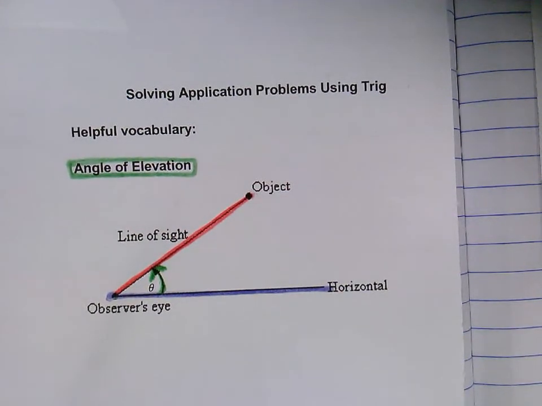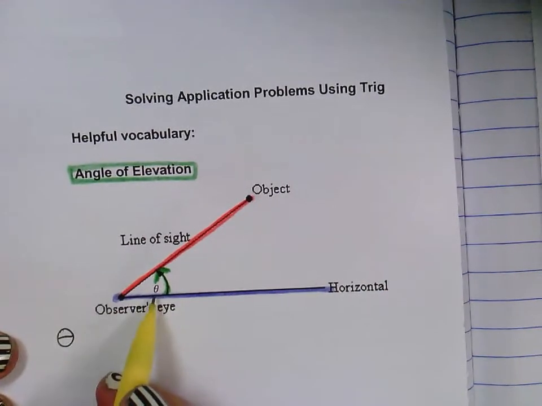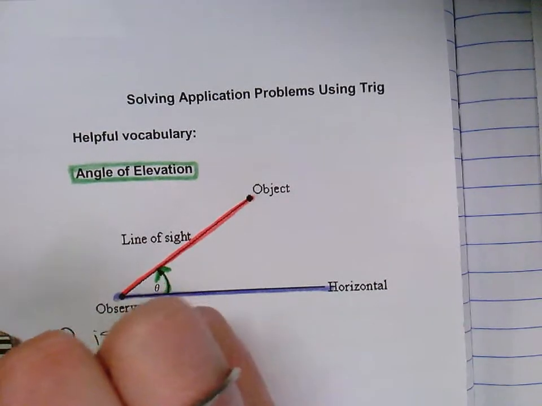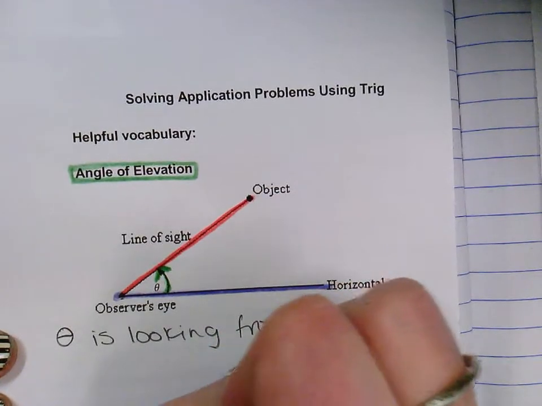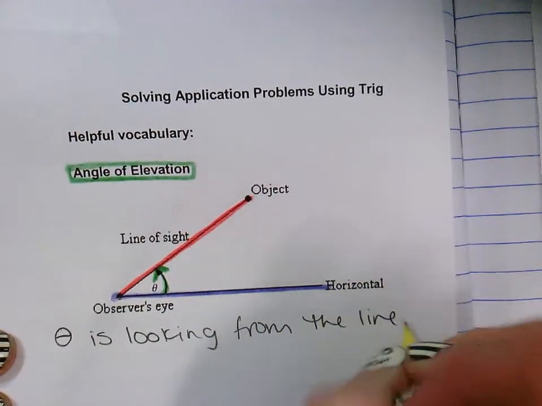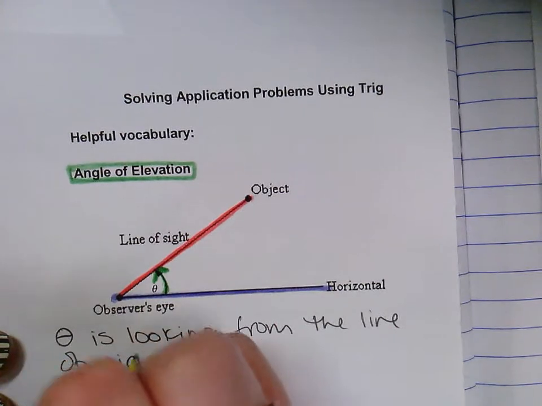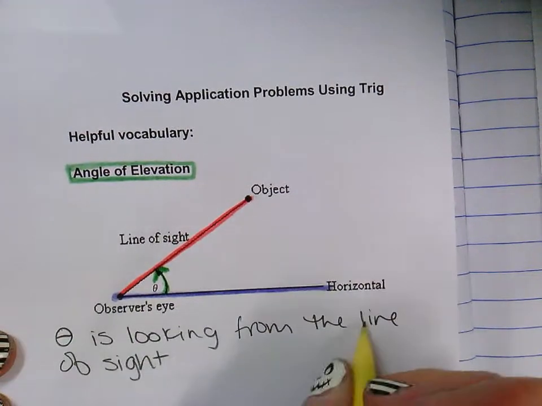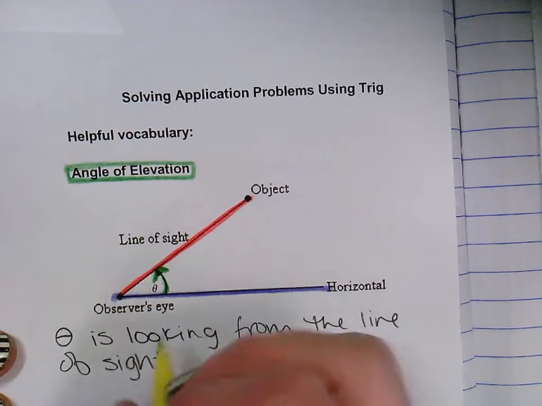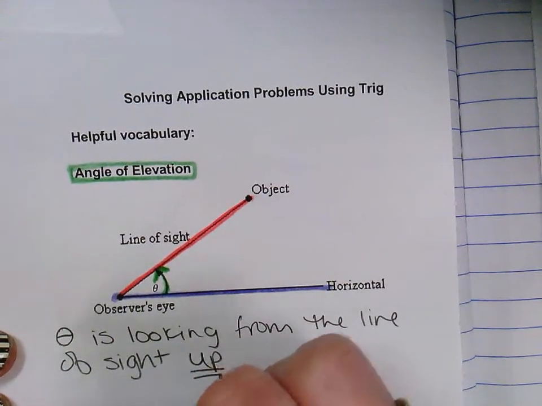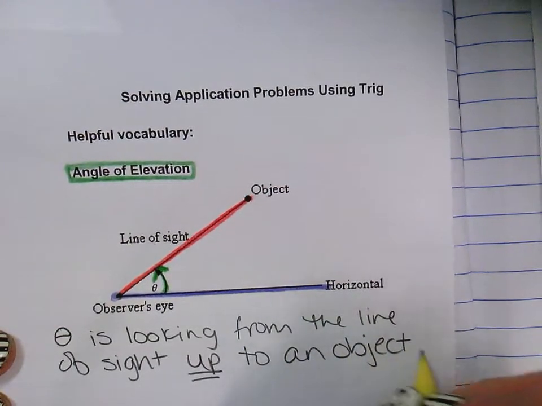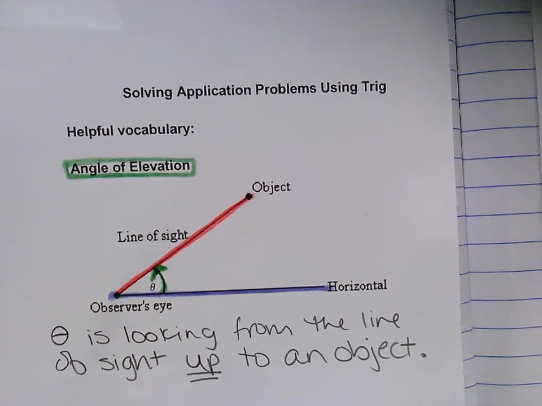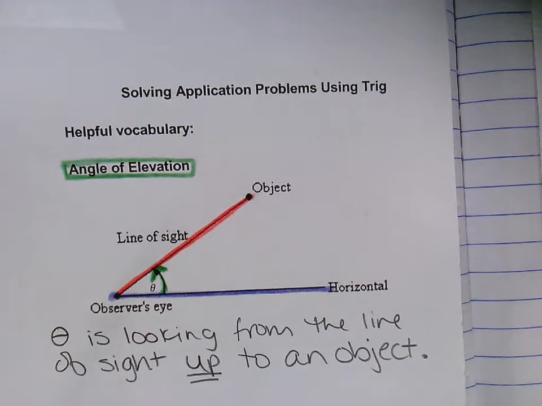So I'm going to jot a note down here that theta, that's that angle there, is looking from the line of sight, and by line of sight right now I mean this purple one here, the horizontal line of sight, up to an object. You'll notice that's where the arrow is going there. So that's angle of elevation.